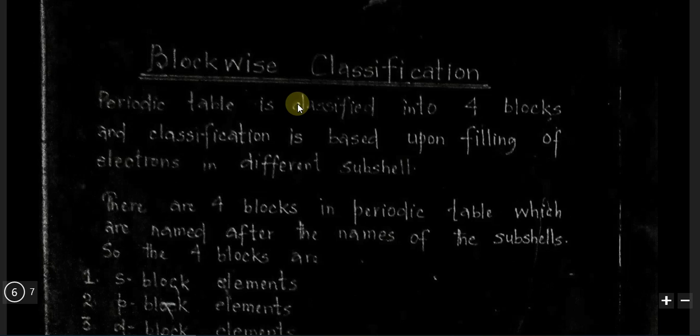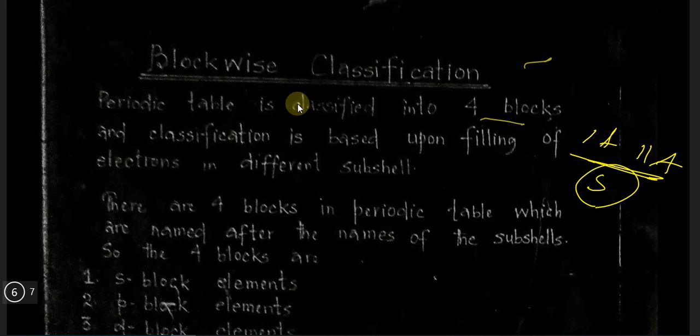Then block-wise classification. In the periodic table, there are 4 blocks. Groups 1A and 2A are called the S block elements.